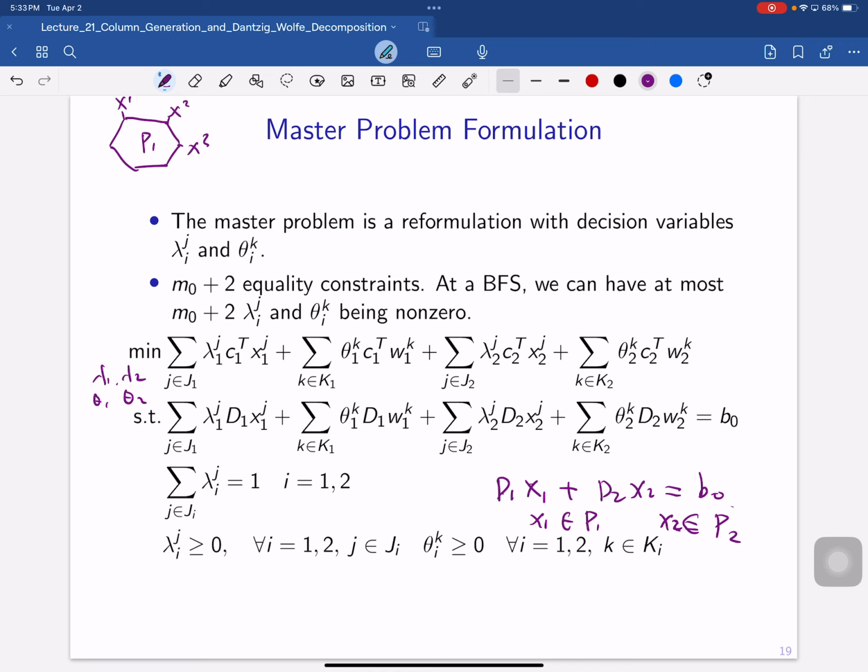Can you explain that? Yeah. So the following two statements are equivalent.